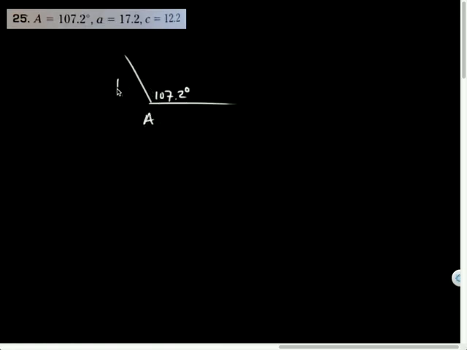My adjacent is 17.2, right? And oh, sorry, that's my opposite. My bad. If I call this over here angle C, then 12.2 is the adjacent, and the opposite is 17.2 because it's going to be opposite angle A, of course. So this is our obtuse triangle situation.